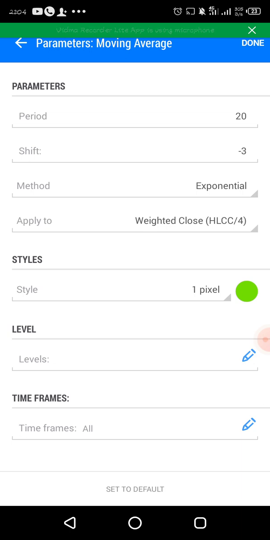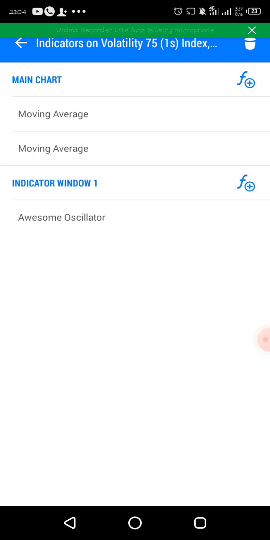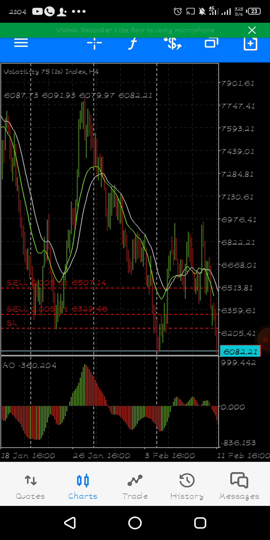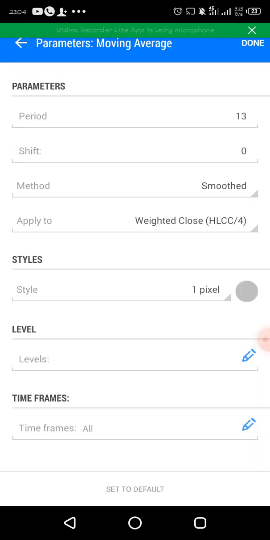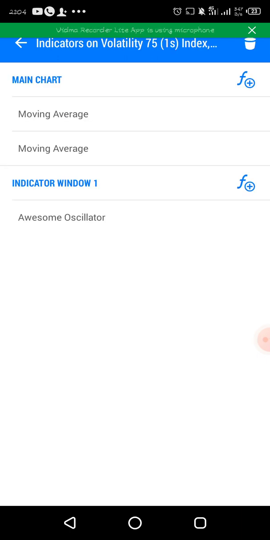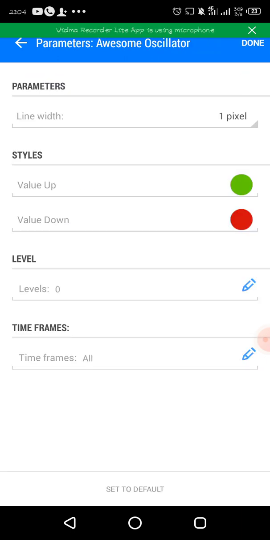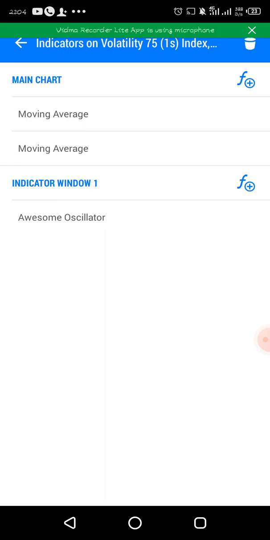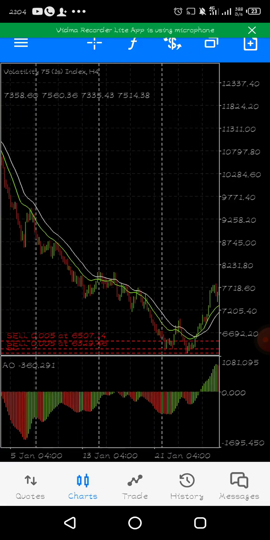And as you can see, the color. Then for the second one, this is the 13 smooth, and this is also weighted close, and I'm using the color of my choice here. Then my awesome oscillator is as it is, no increase or deduction from it.